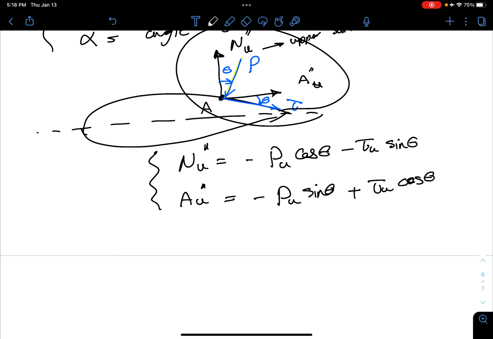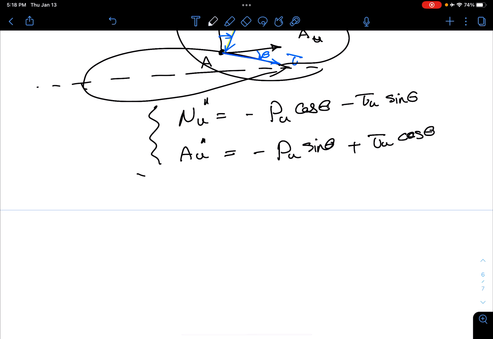Okay. And how should we convert this to the total force, N or A? How can we do this?